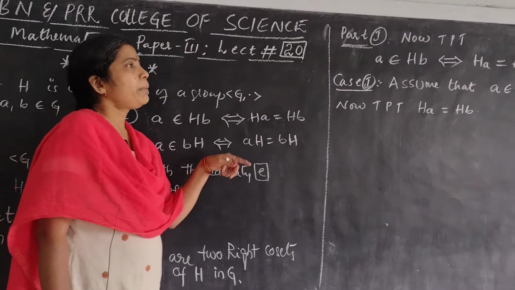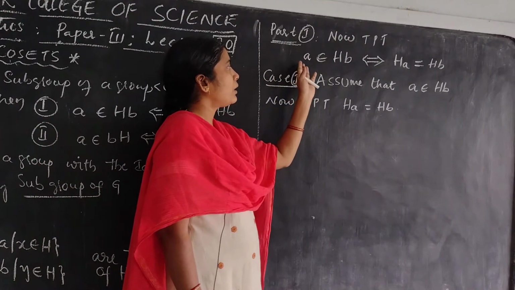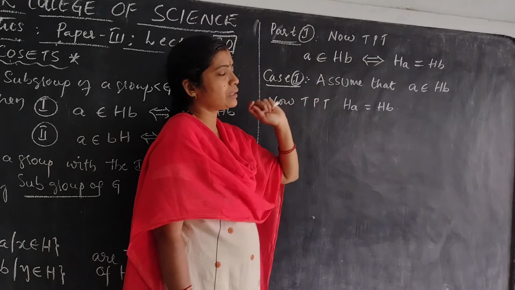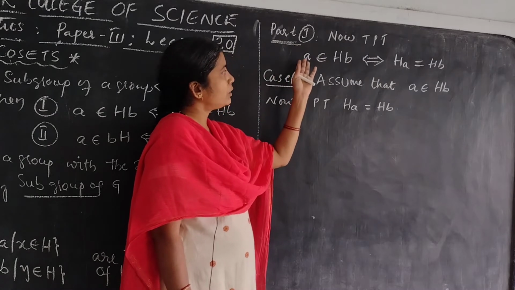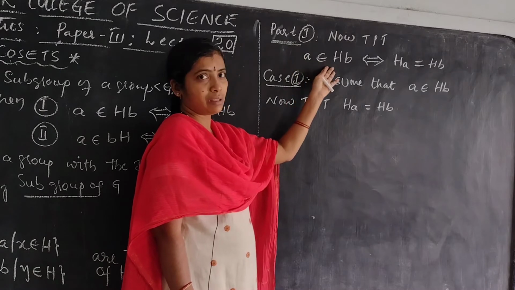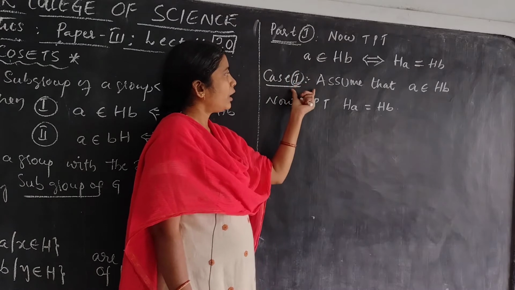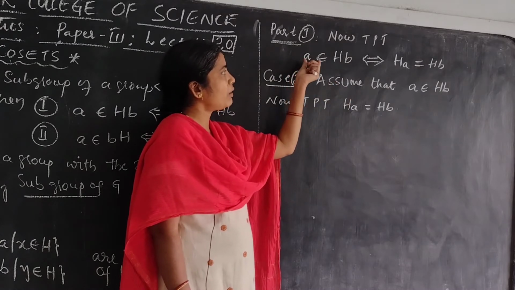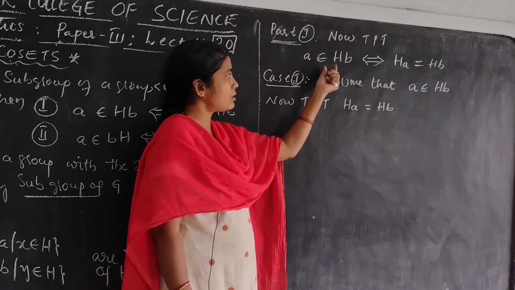We have to prove that A is an element of the coset generated by B if and only if the two cosets are identical. In this part 1, we have two cases because it is a necessary and sufficient condition. Case 1: assume that A is an element of the coset generated by B. This is the assumption.